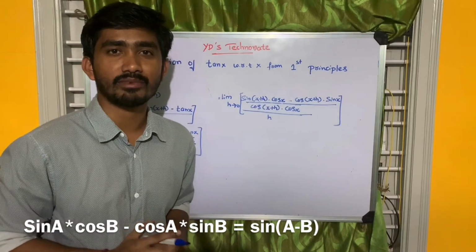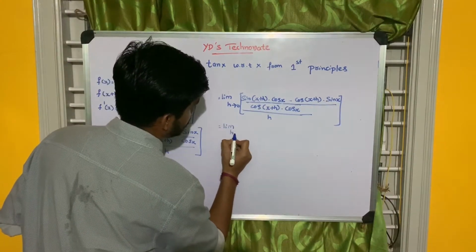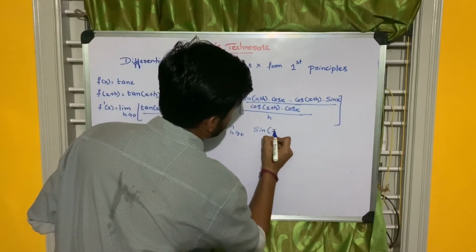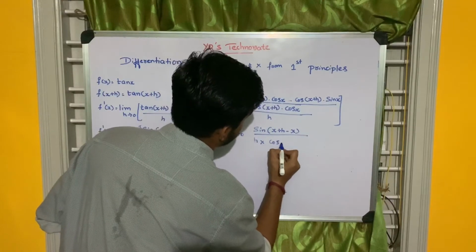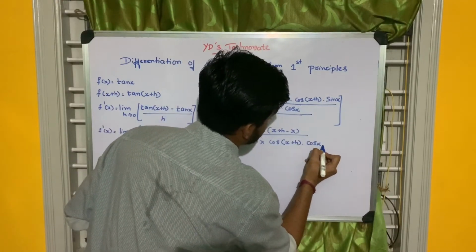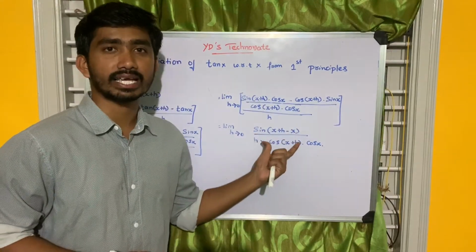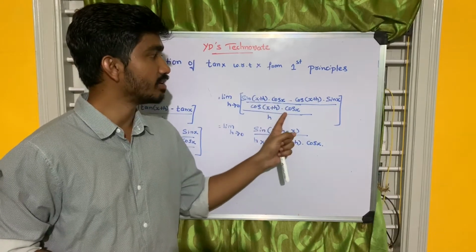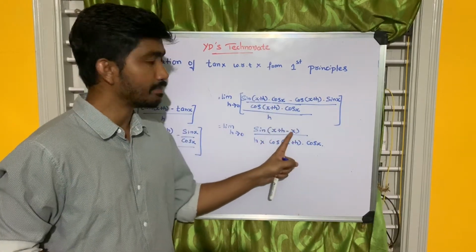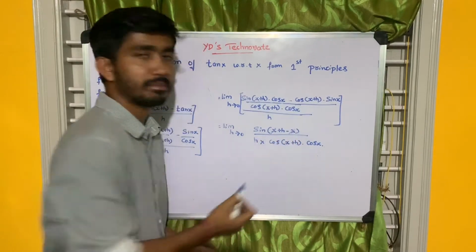So it is in the form of sin of a minus b. I have taken the complete numerator now as sin of a minus b. The value of a is x plus h and the value of b is x, so a minus b is h. Now I can simply cancel this plus x and minus x.